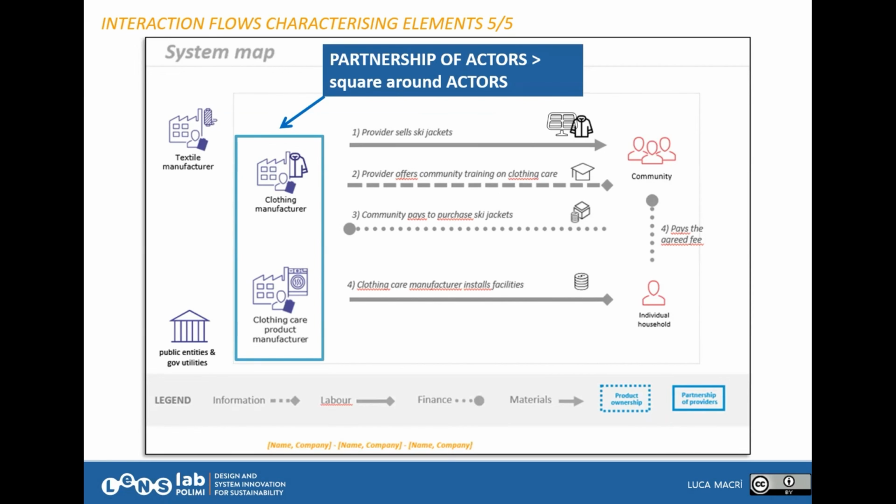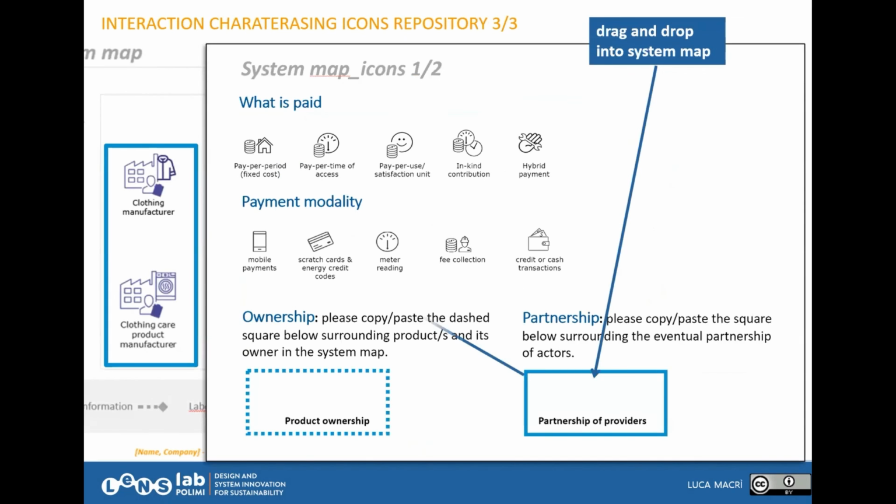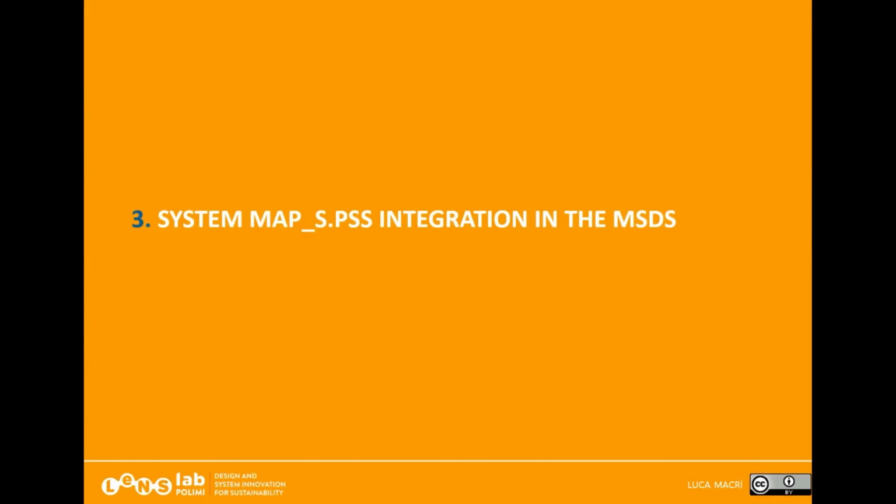So it's not involving one or the other. They are working as a partnership, as a single stakeholder. You find it in the slide with all the icons, and you can just drag and drop inside.